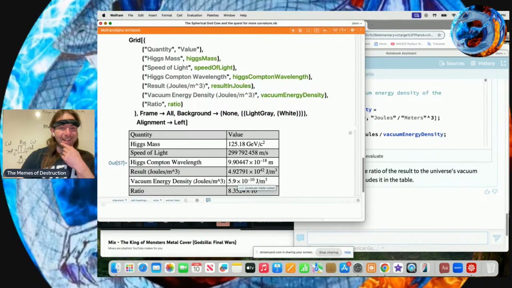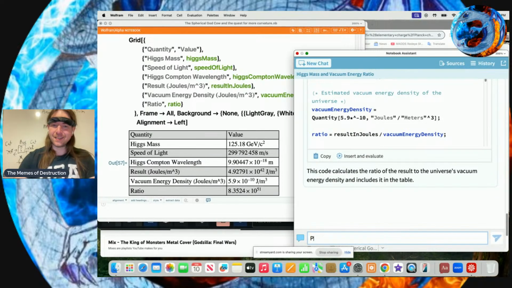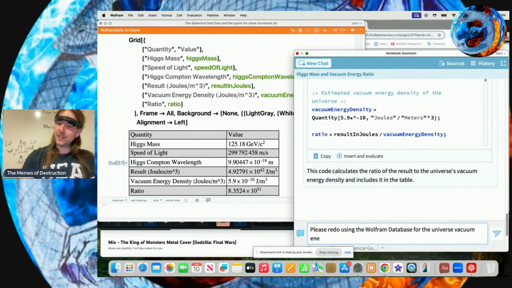I think that's using the kilogram value because that's kind of high. It should be about 5.35. Please redo using the Wolfram database for the universe vacuum energy density, because it's just an often quoted.